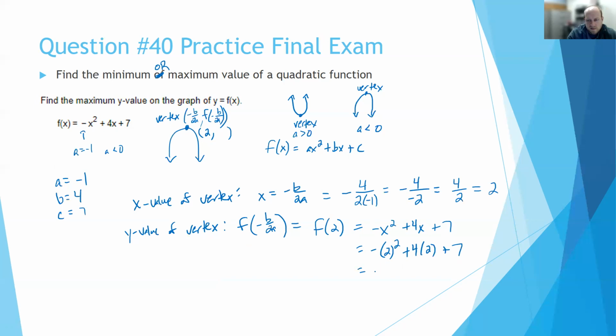So 2 squared is 4, so I have -4 plus 4 times 2 is 8, plus 7. And -4 plus 8 plus 7 is 11. So f of 2 equals 11. So my y value of the vertex is 11. So what is the maximum y value on the graph? It is 11.